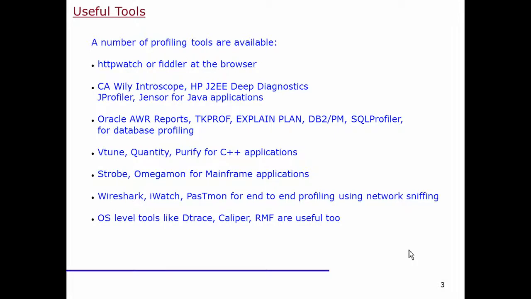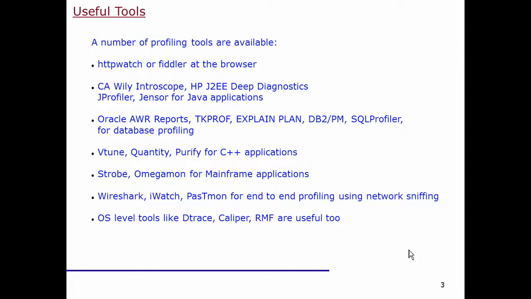So you get to know individual HTTP requests, you get to know sizes of requests, you get to know number of round trips, and you can accordingly figure out, especially over a wide area network, where is the time being spent.